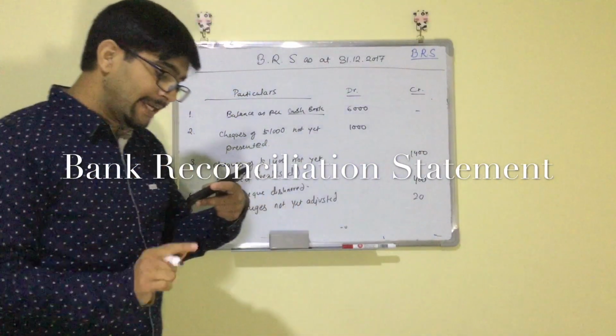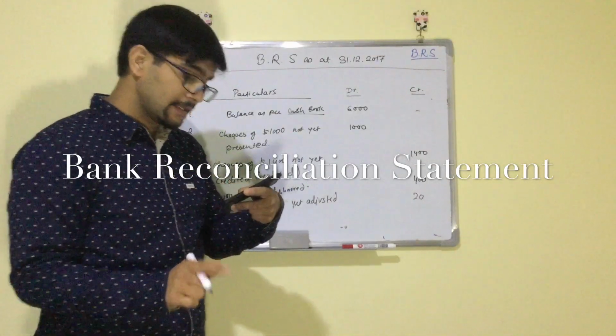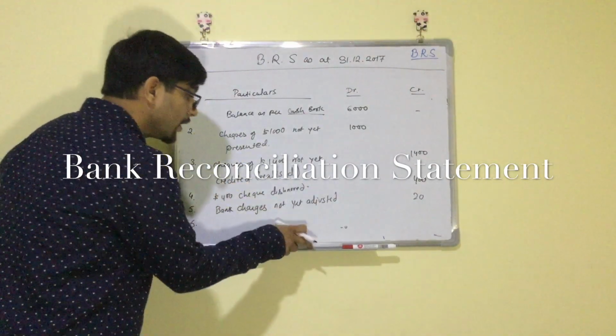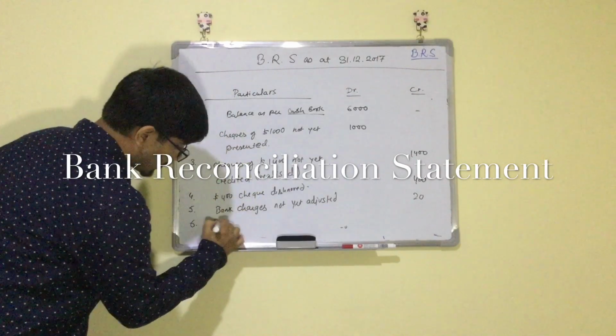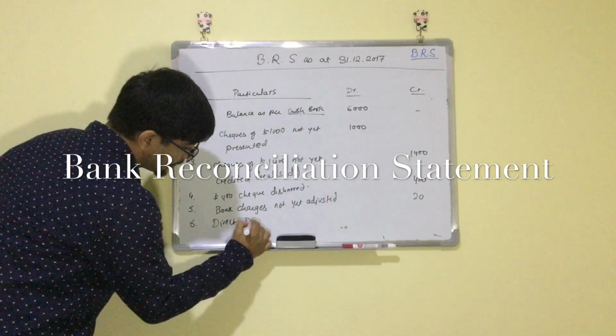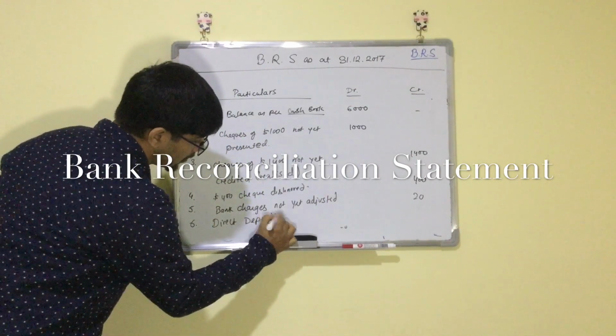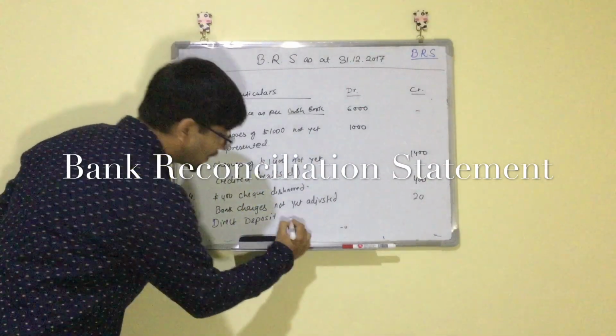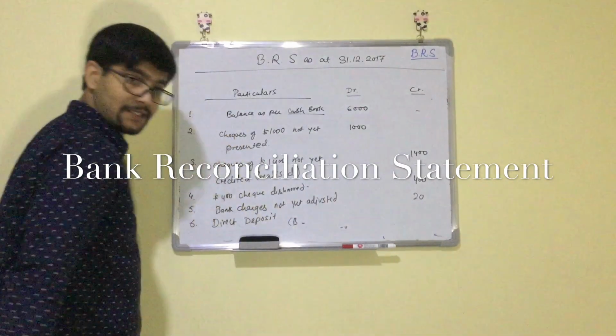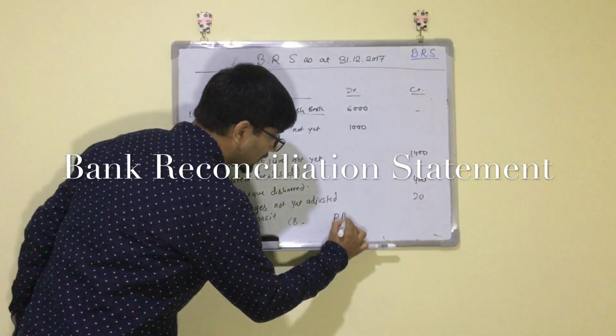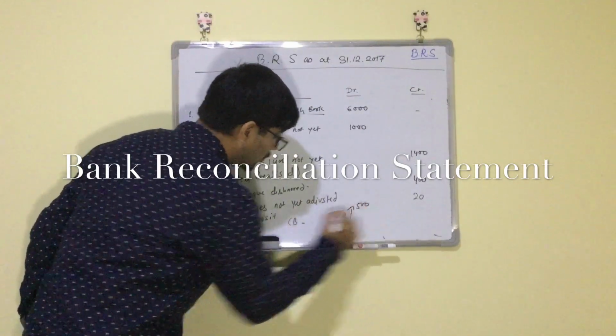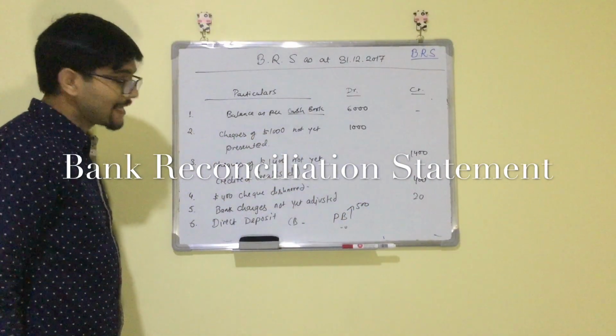Last one. Direct deposit made by a debtor in the bank, but we don't know it. So direct deposit. What is happening? We don't know. That means cash book does not know it, but passbook knows it. It is $500 above the cash book for this adjustment.